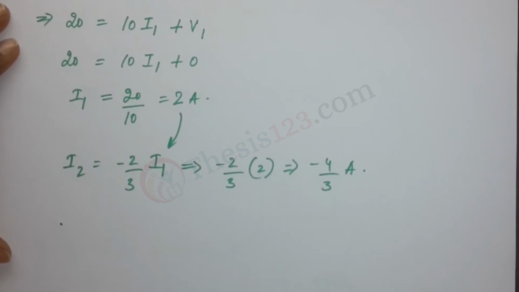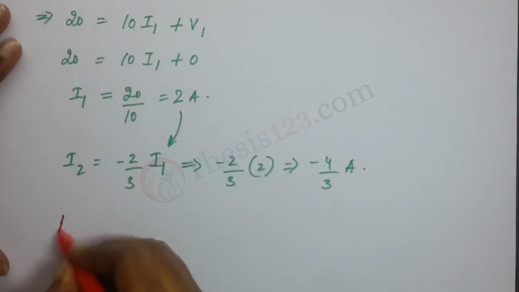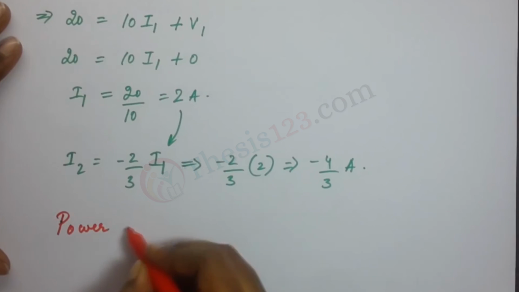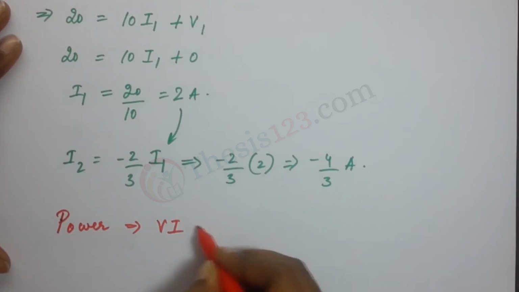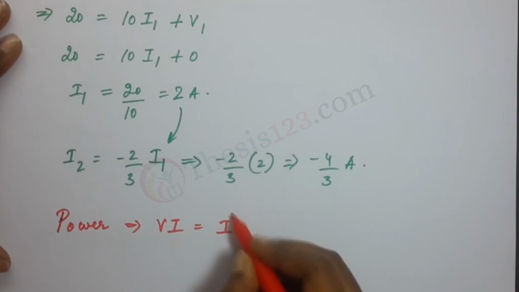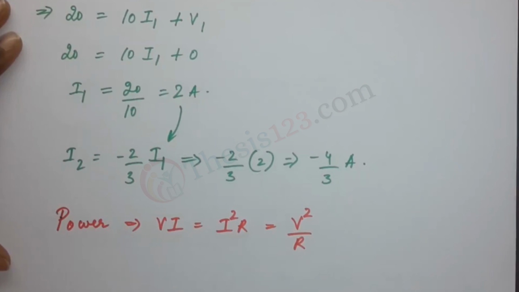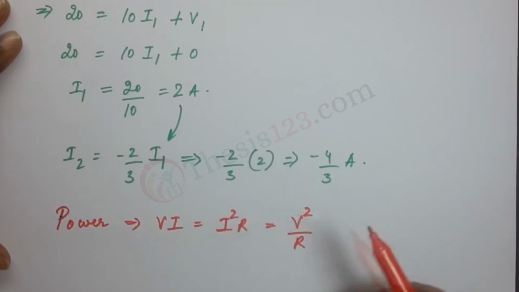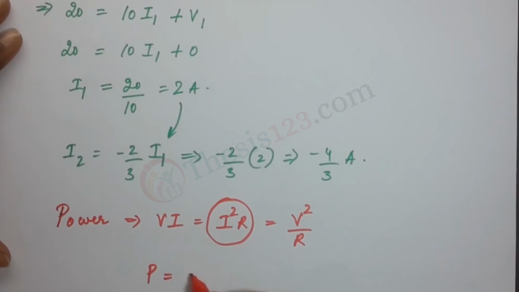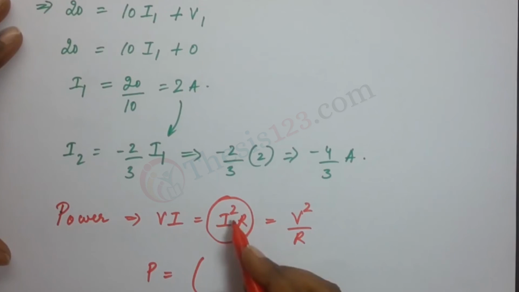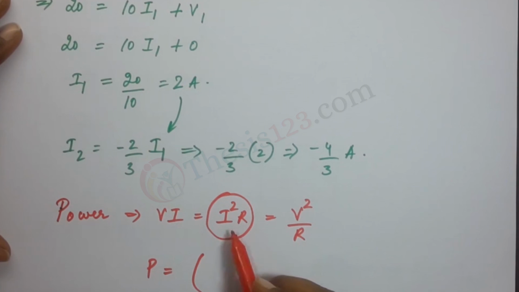You can use any power formula, whatever comes to your mind, really. We know the power formula is VI. We also know that it is I square R, and we also know that it is V square by R. So any one of these you can use. It's not a problem. In this case, let's use I square R. So we have the power to be I2 squared, because that's the current passing through the load resistance.